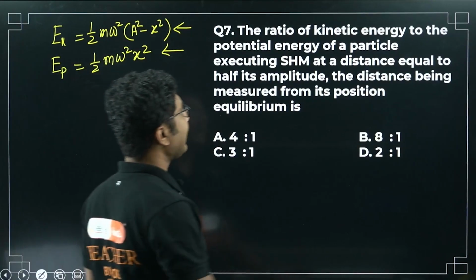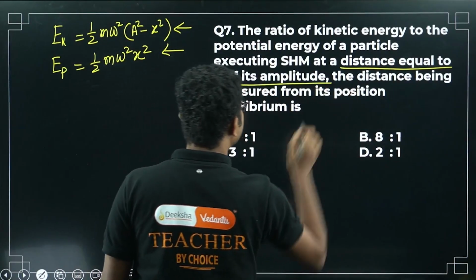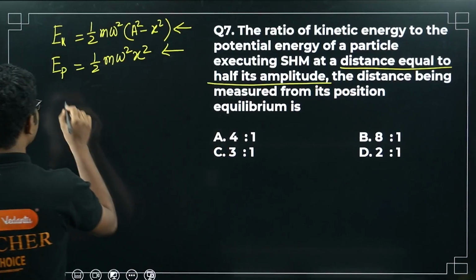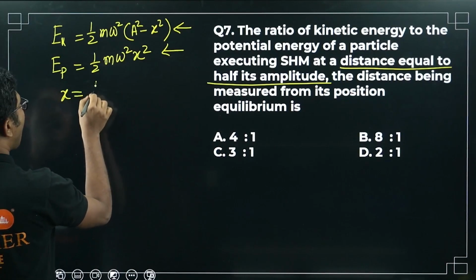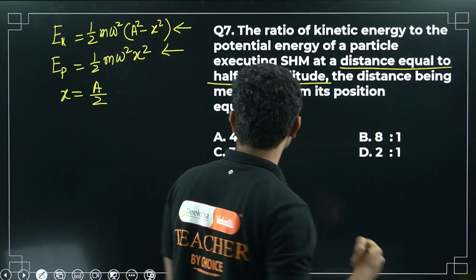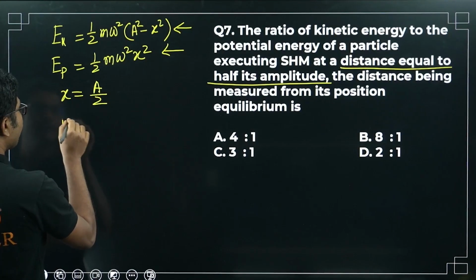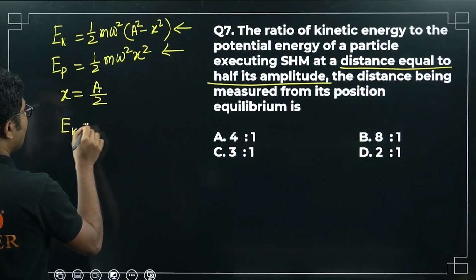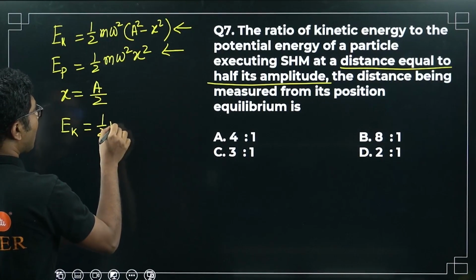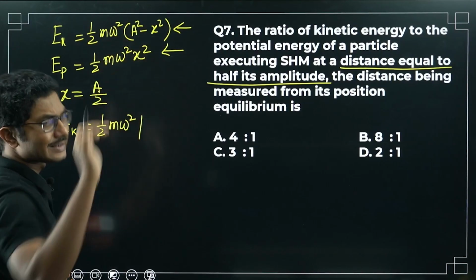Now they have said at a distance equal to half its amplitude, so x equals half of the amplitude. This is a slightly longer question than other questions, so you have to do it step by step. First calculate the kinetic energy. Kinetic energy is half m omega square. In fact, if you are smart, you can ignore this term because they will cancel anyway.